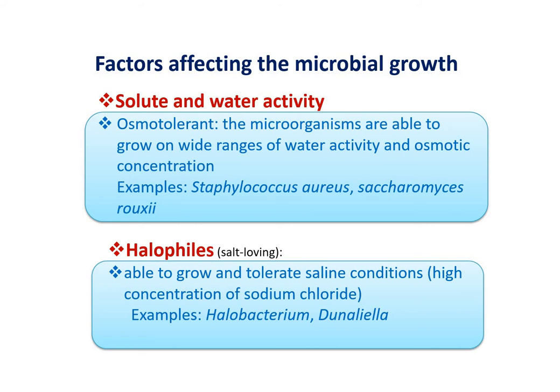Now we will talk about the factors that affect microbial growth. These are solute and water activity, halophiles, pH, temperature, and oxygen concentration. When we talk about solute and water activity, there are osmotolerant organisms. Osmo means osmolarity, tolerant means tolerance.